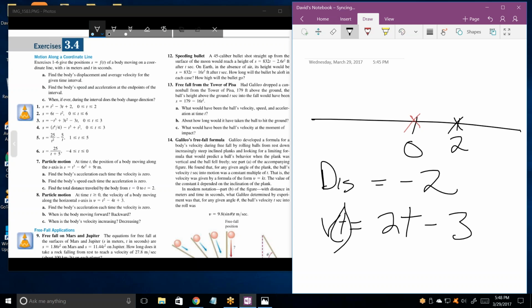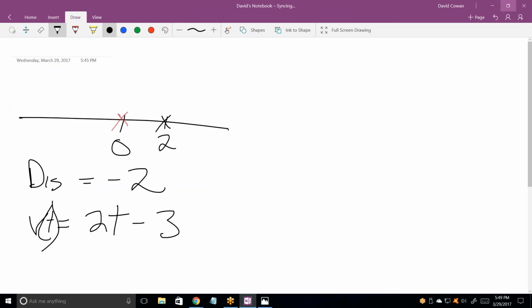They want the average velocity for the time interval. Well, what if we figure out the starting velocity at time equals 0, the ending velocity at time equals 2, divide the whole thing by 2, and that'll give us the average velocity. What's our v of 0 equal to? Plugging that in, that would be -3.